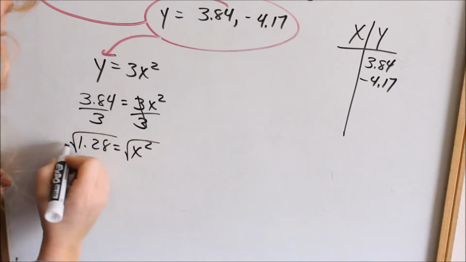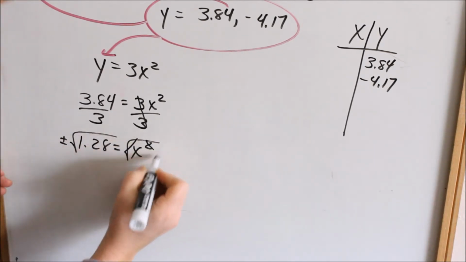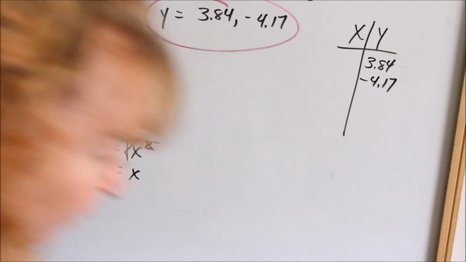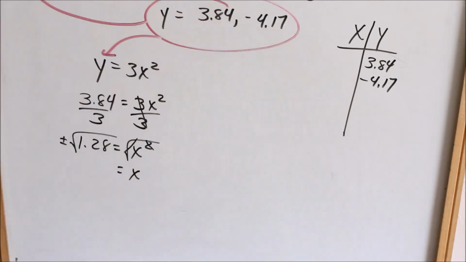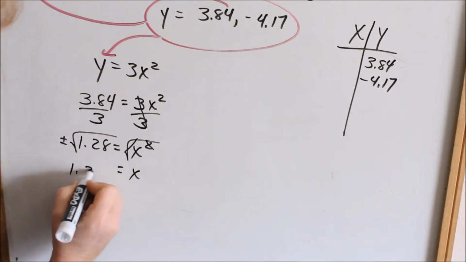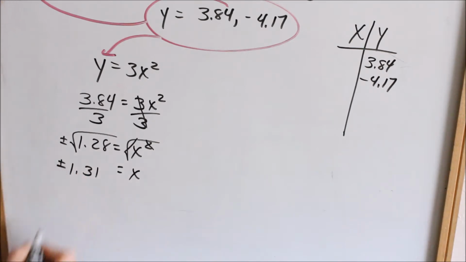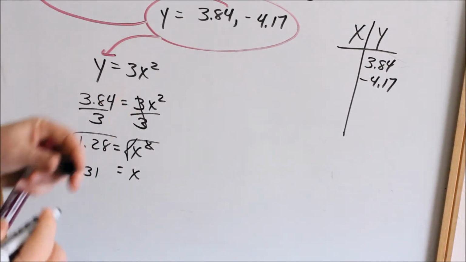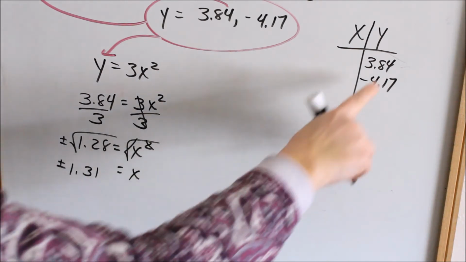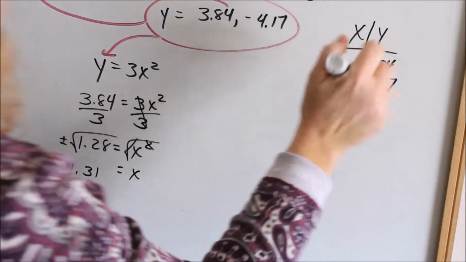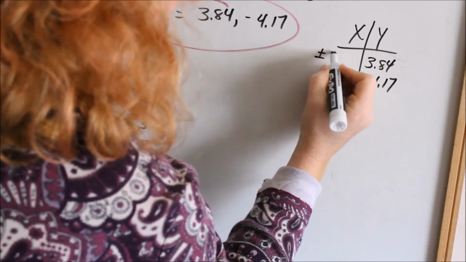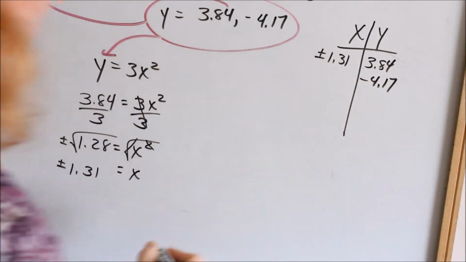Take the square root of both sides, putting in your plus or minus in front of your radical. The square root of 1.28 is 1.31 plus or minus. So going back to your chart, when y is 3.84, you got a plus and a minus 1.31.